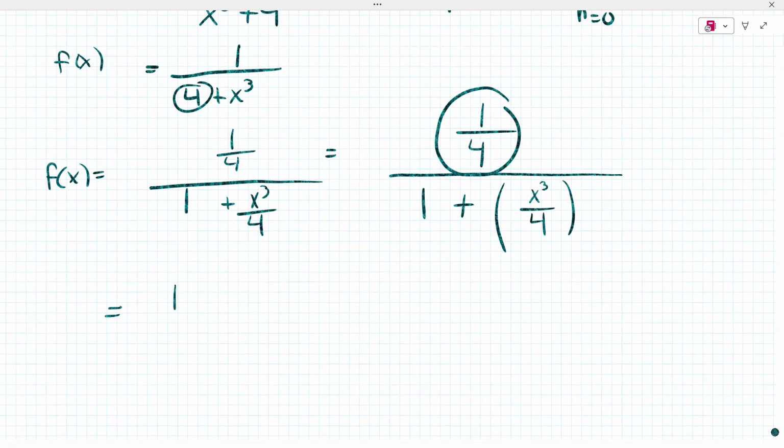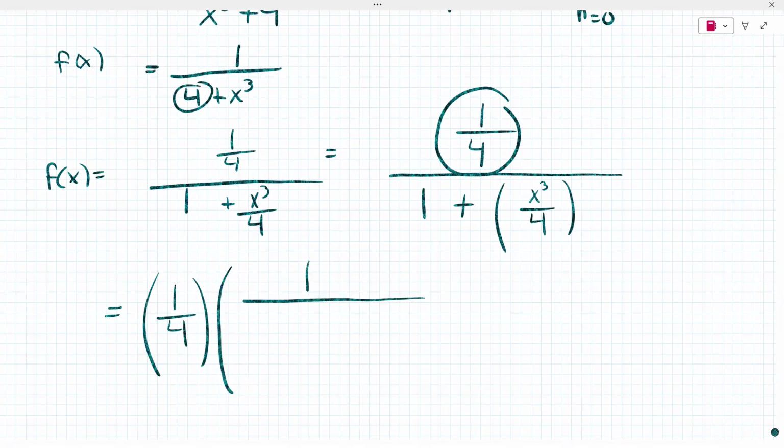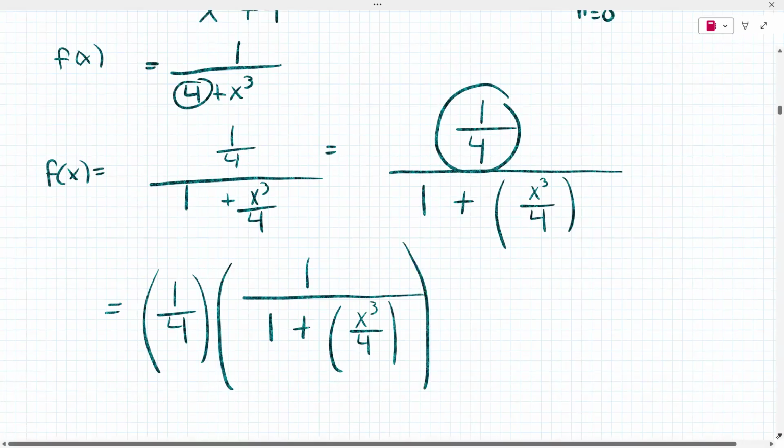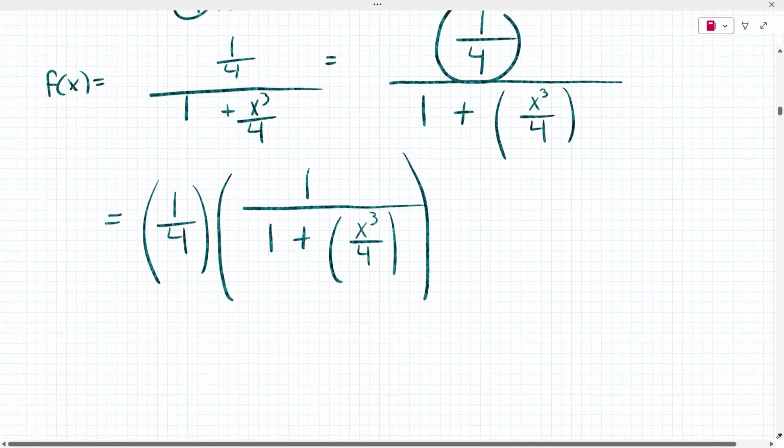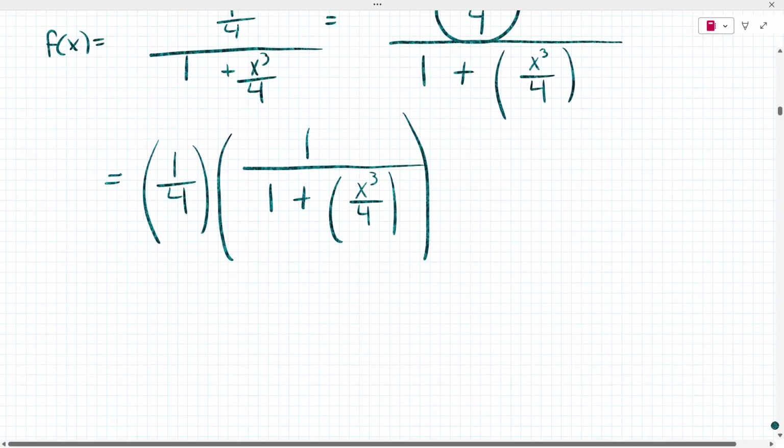So that's going to be 1/4 times 1 over 1 plus x cubed over 4. Now I want to make this plus into a negative.